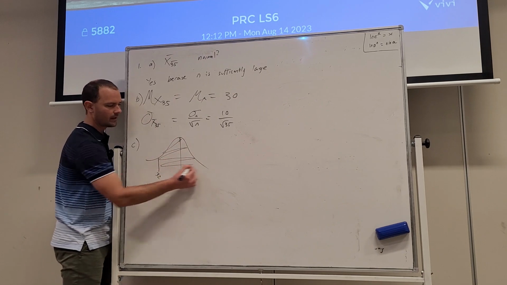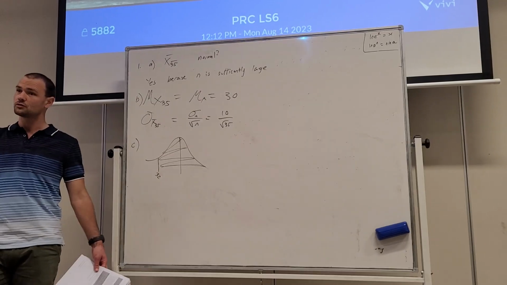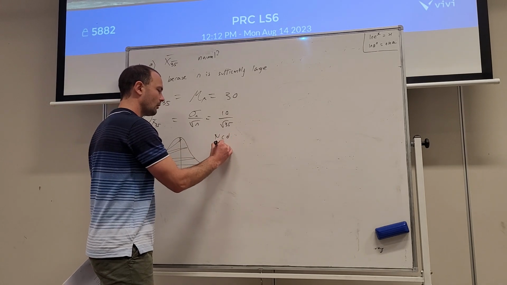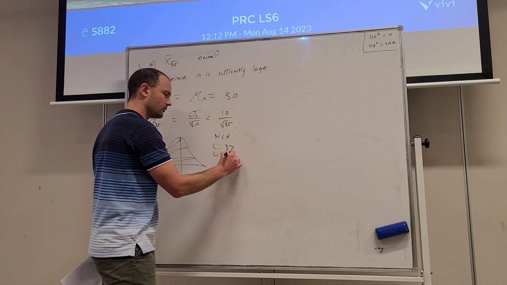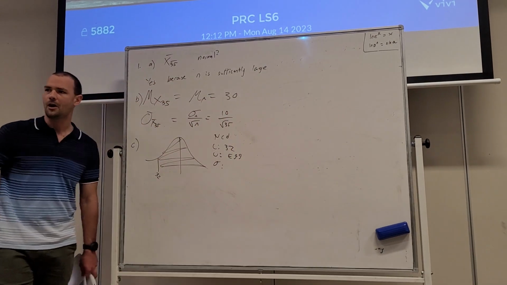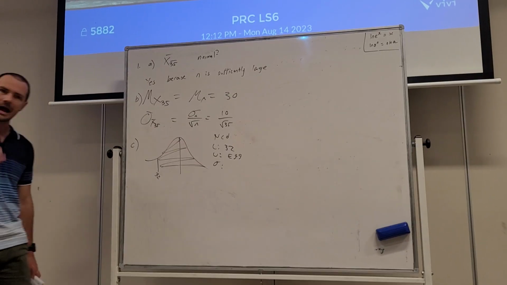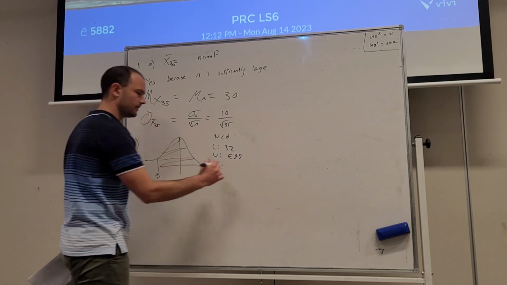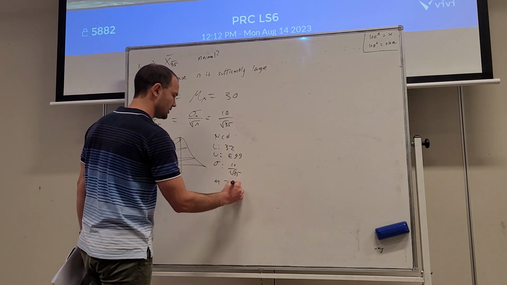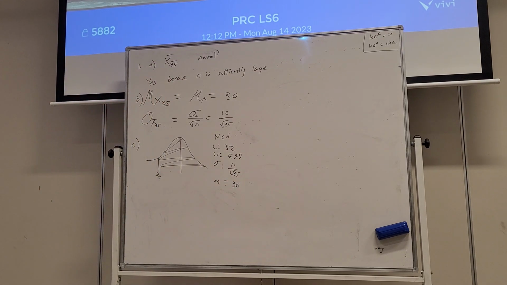What's this area under the curve? This is just a normal distribution calculation. So NCD, our lower boundary is 32, our upper boundary infinity. Our standard deviation is 10 on root 35 because we're talking about the distribution of X̄35. And our mean is 30. So that's the information that we're going to put in.